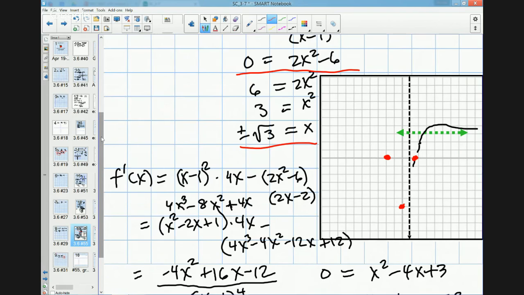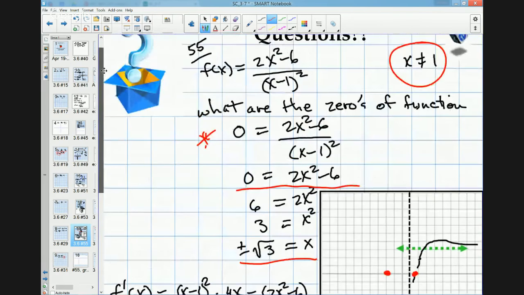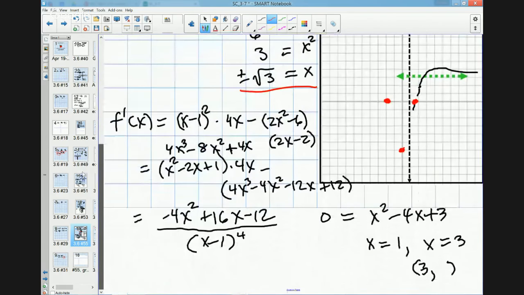So the derivative, unfortunately, you can't see it. It's this quotient up here. So I'm sorry, I can't show you both places at the same time. But you take your denominator times derivative of numerator minus numerator times derivative of denominator.